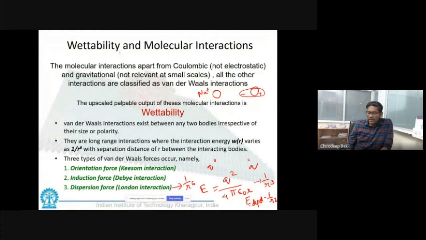But there is also a repulsive force for which the modeling is not very easy, because everything has to be integrated with a negative sign. So a dipole is inducing another dipole, not attracting it but repelling it. So I have to do this entire thing by integrating it with a negative sign. That becomes very complicated, and hence the energy variation of the repulsive force is not very clear.